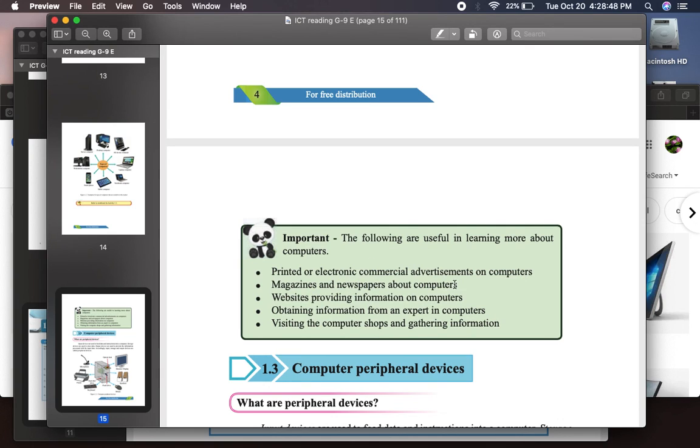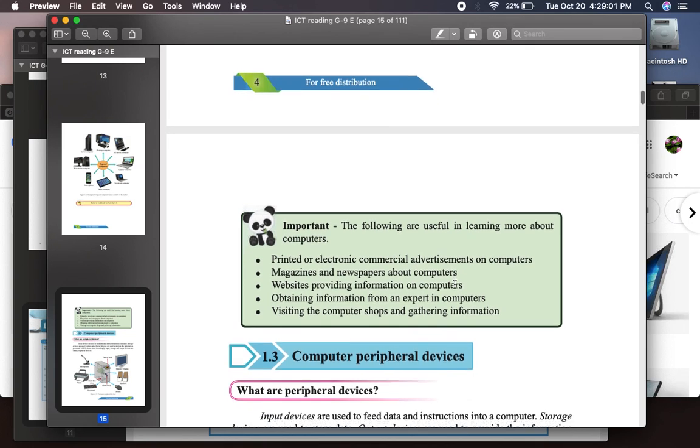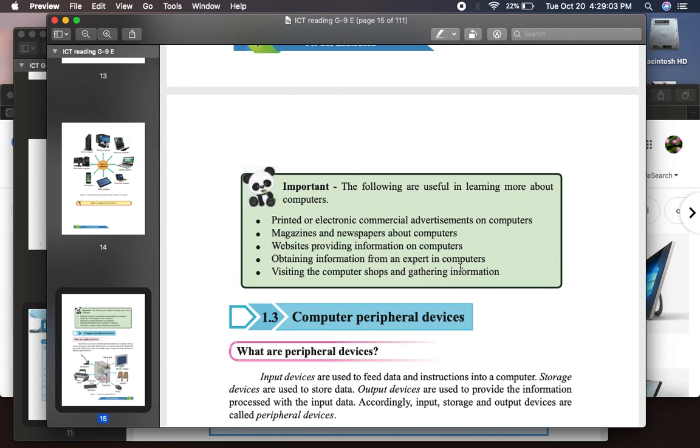Magazines and newspapers about computers. In Sri Lanka, there are several computer-oriented magazines and newspapers in the market. And then websites providing information on computers. Obtaining information from an expert in computers. Visiting the computer shops and gathering information.